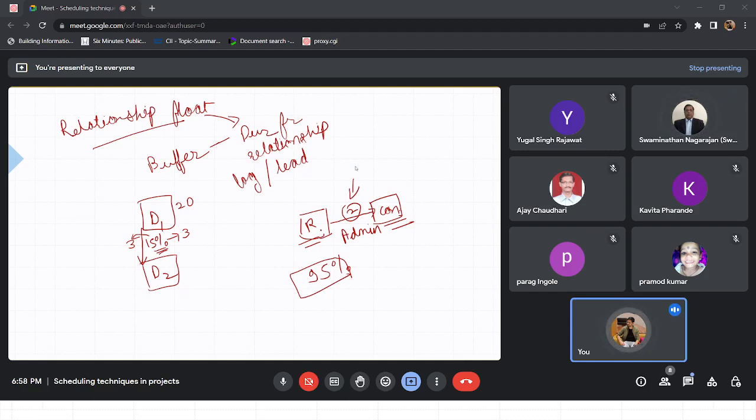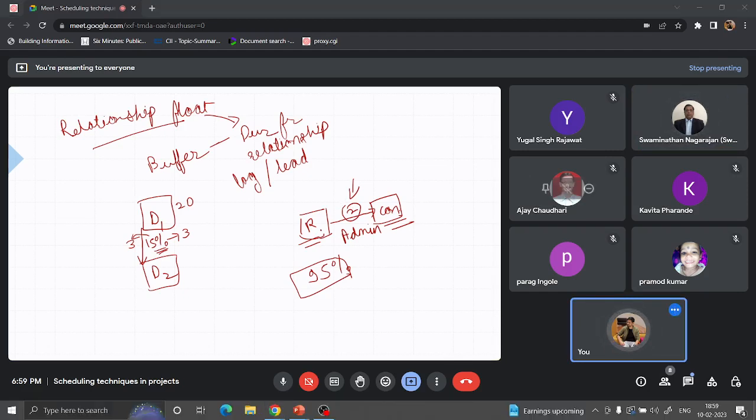Shuttering also finished within 2 weeks or so. But what happened is the site inspector didn't come, or the material didn't arrive for concreting. There was some issue with paperwork roaming around, or the design changed at the last moment. So all this is increasing your relationship lag, and this is what is disturbing your whole schedule.